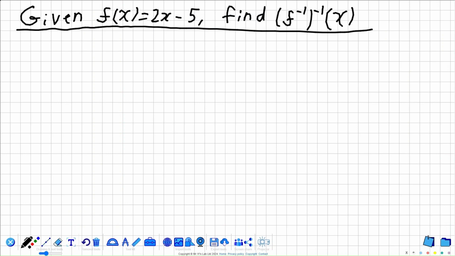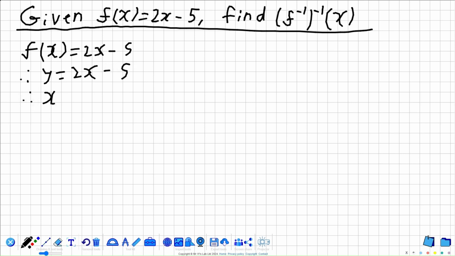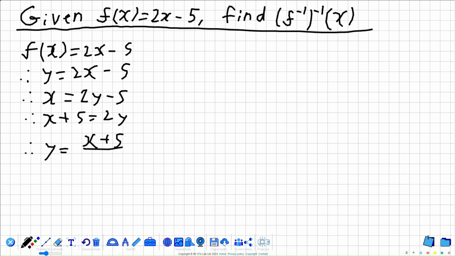So we have f of x equals 2x minus 5, therefore y equals 2x minus 5, and for f inverse, x equals 2y minus 5, therefore x plus 5 equals 2y, therefore y equals (x plus 5) over 2.